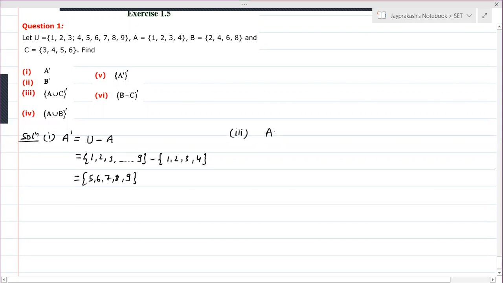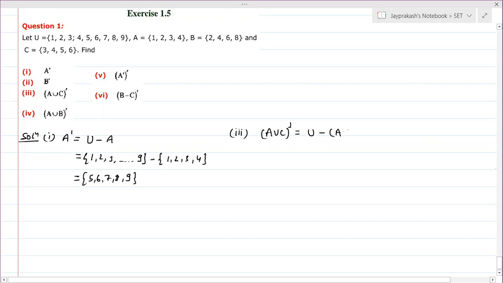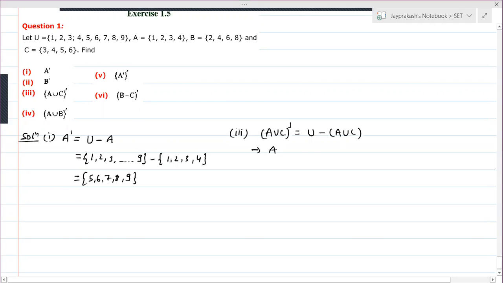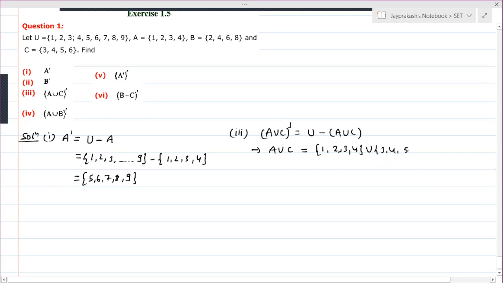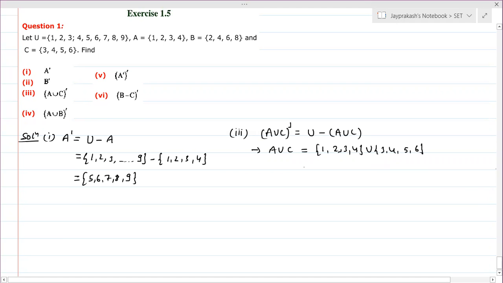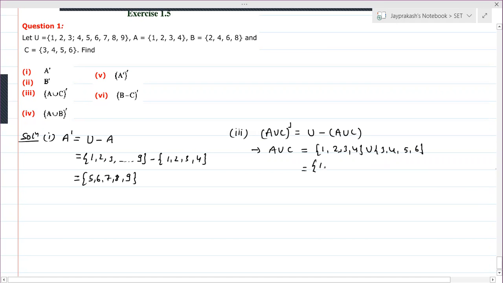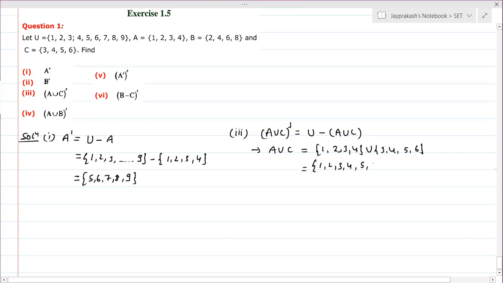If we need to find the complement of A union C, that means we have to subtract the union of A and C from U. So first of all, we will find A union C. You already know that A union C means all the elements of A and C, and no element will be repeated. C has 3, 4, 5, 6, so A union C will be 1, 2, 3, 4, 5, and 6.